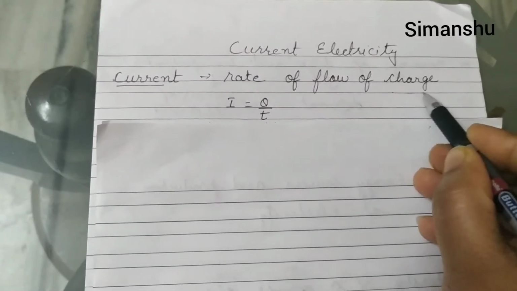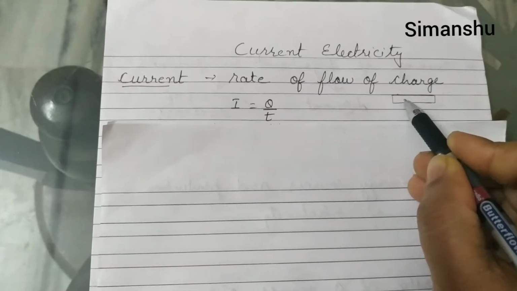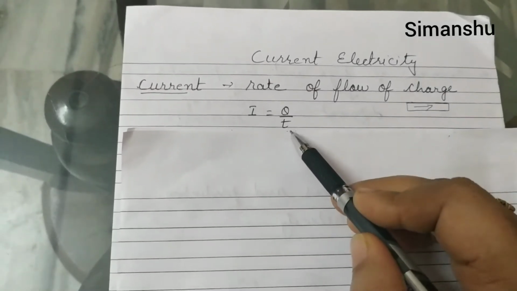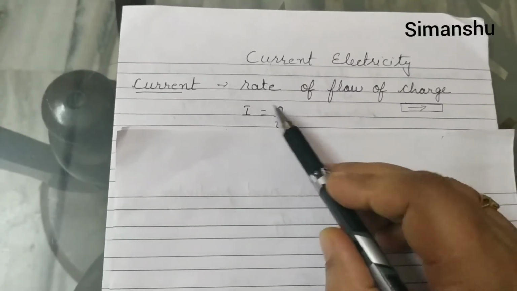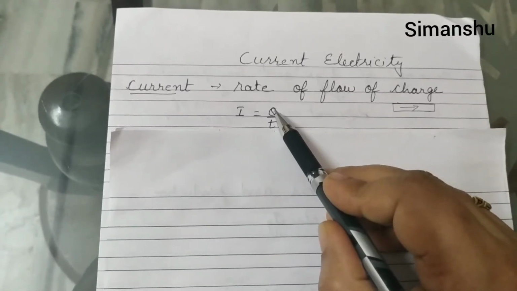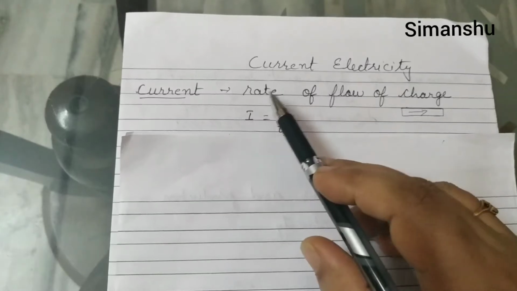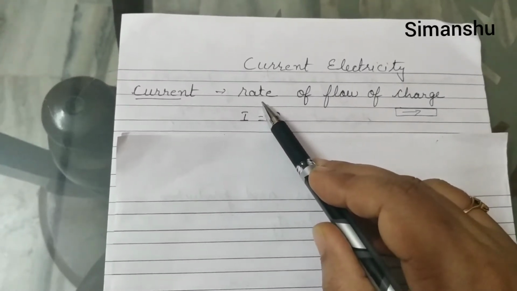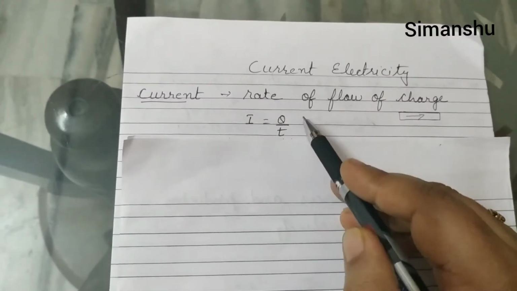It means if there is a conductor and charge is flowing through it, then in unit time, how much charge is flowing through it, that is current. Q is representing charge here and T is time. Wherever we use the word rate, it means something divided by time, so rate means 1 upon T.